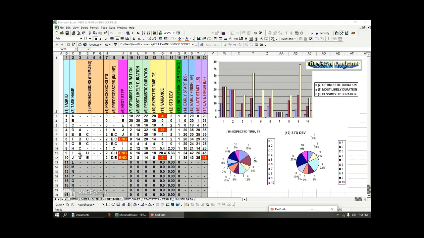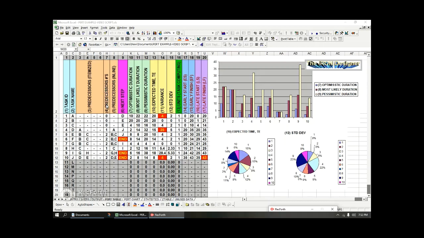Then you need G and H to be done before I. So if you think about it, B and C need to be done for G, and C needs to be done for H, and then G and H are the predecessors for I, and then likewise D and E are the predecessors for J, okay?